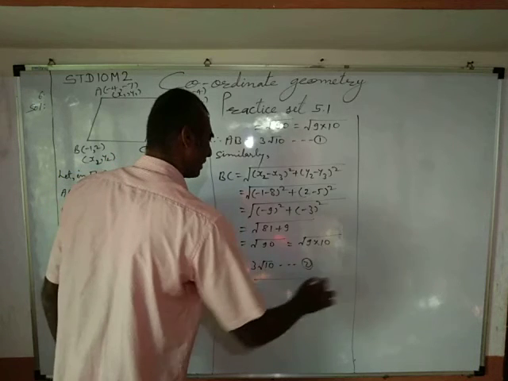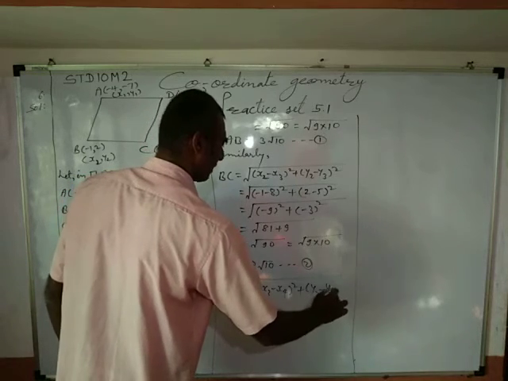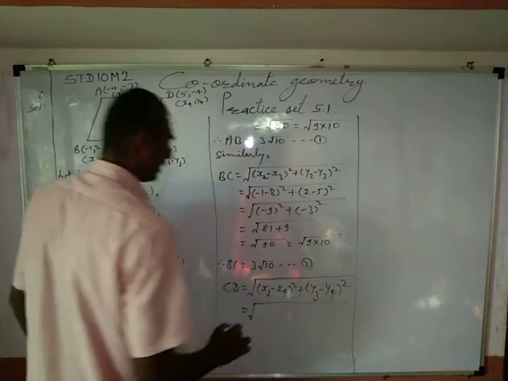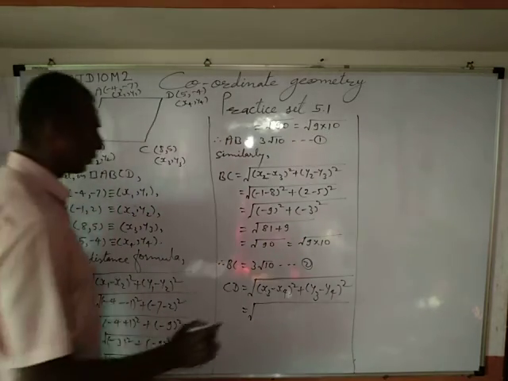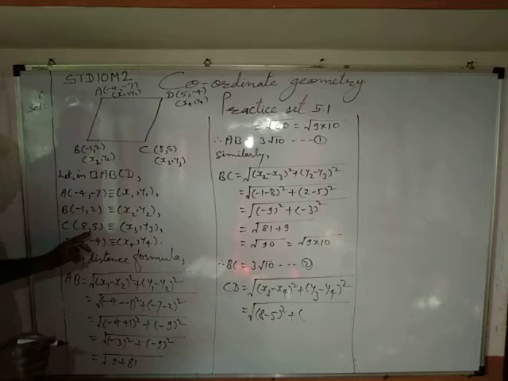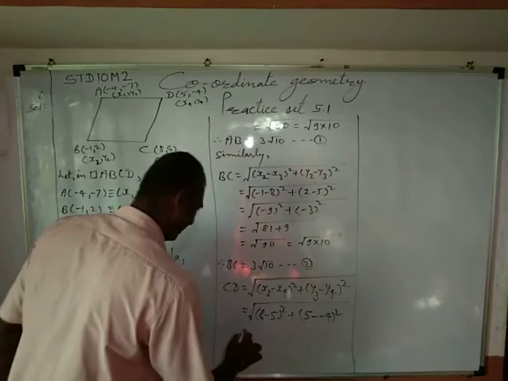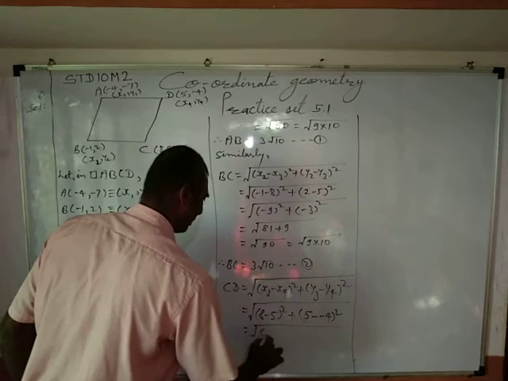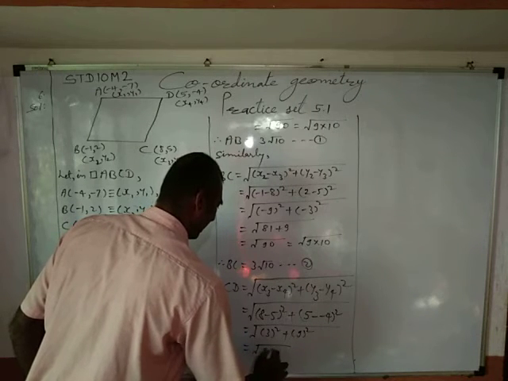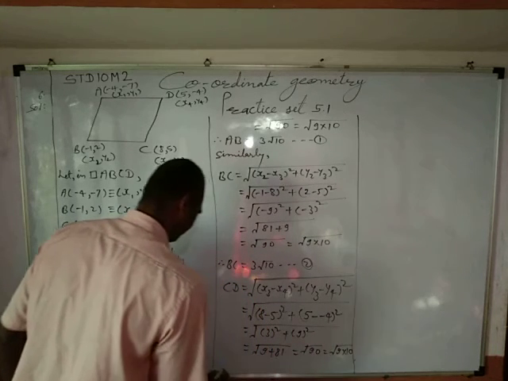CD equals under root (x3 minus x4) square plus (y3 minus y4) square, equals under root (8 minus 5) square plus (5 minus minus 4) square, equals under root 3 square plus 9 square equals under root 9 plus 81 equals root of 90 equals root of 9 into 10.